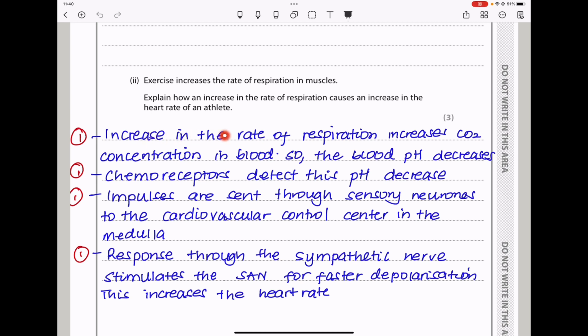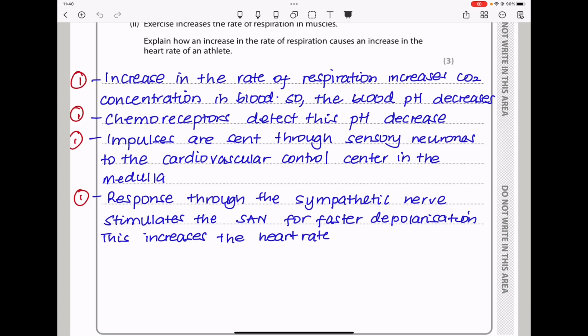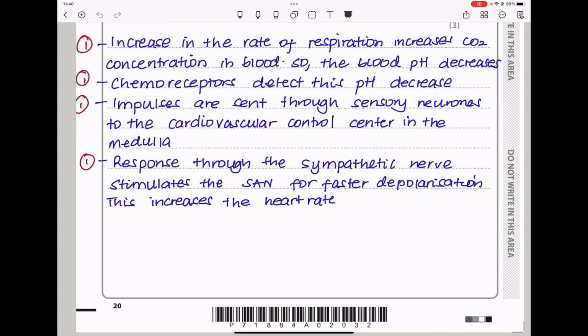So I said increase in the rate of respiration increases CO2 concentration in blood, so the blood pH decreases. Then the chemoreceptors detect this pH decrease, and they send impulses through the sensory neurons to the cardiovascular control center in the medulla. A response stimulates the SAN for faster depolarization, and this causes an increase in the heart rate.